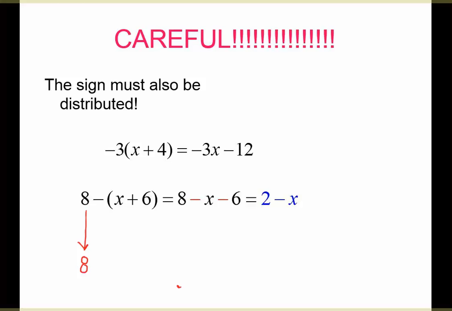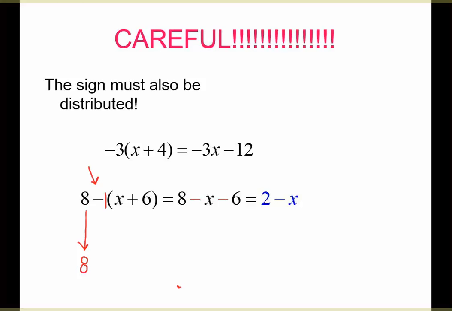So what is being distributed? Well, maybe that negative sign. But what number is that if you just see that negative sign there? Well, maybe you had a teacher in middle school teach you this trick, but if you ever see just a negative sign in front of something, it's really kind of like a negative 1 that's multiplying the thing. So you can treat it like a negative 1. So you're going to distribute that negative 1.